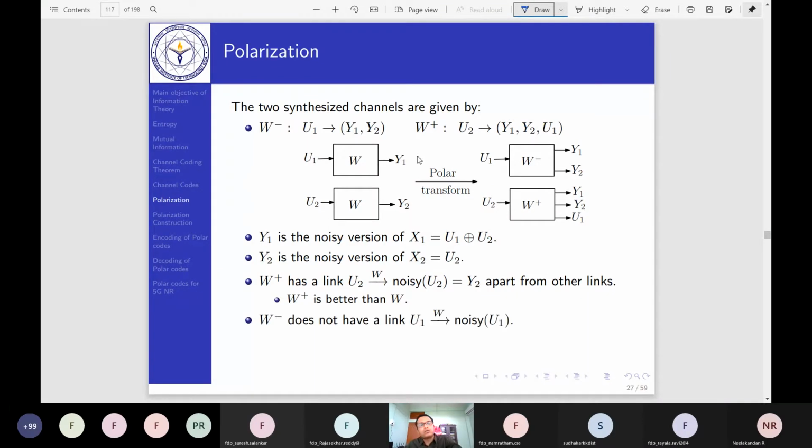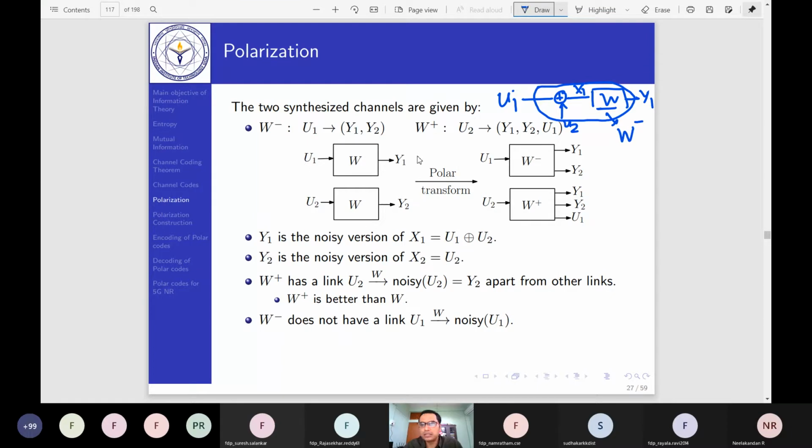However, the same is not true for W minus. What is happening with W minus? U1 is the input for W minus. U1 is added with U2, which is completely independent of U1, and then this is transmitted over W. So this is your X1 and this is your Y1, and this will be your W minus.